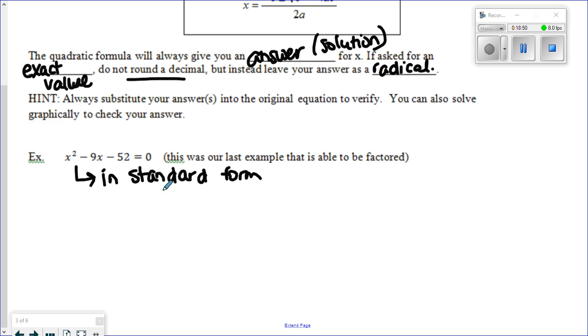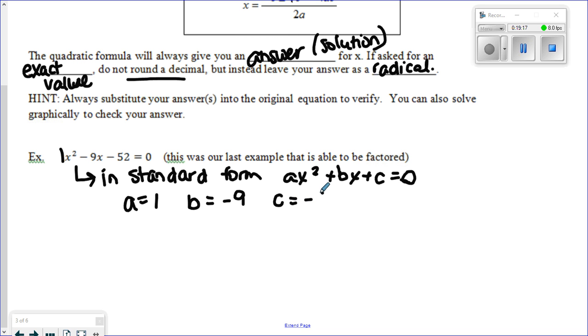So again, standard form ax squared plus bx plus c equal to 0. Looking at that, our a value, the number in front of our x squared, is 1. Our b value is equal to -9, and our c value is equal to -52.